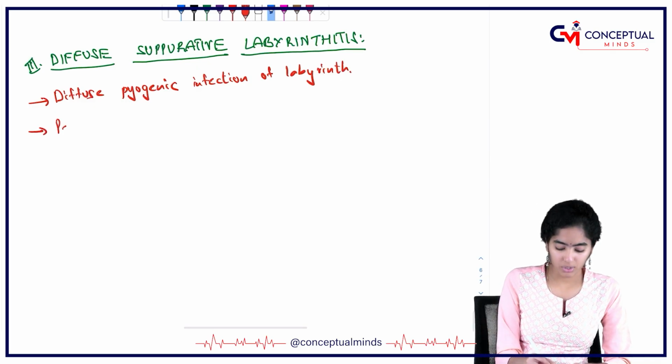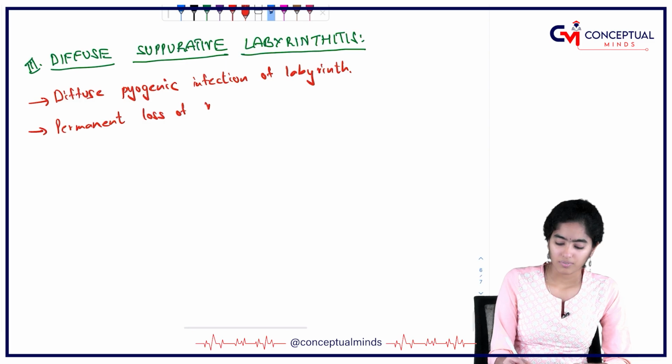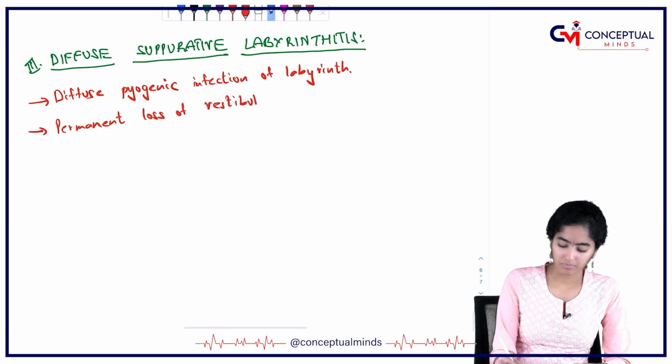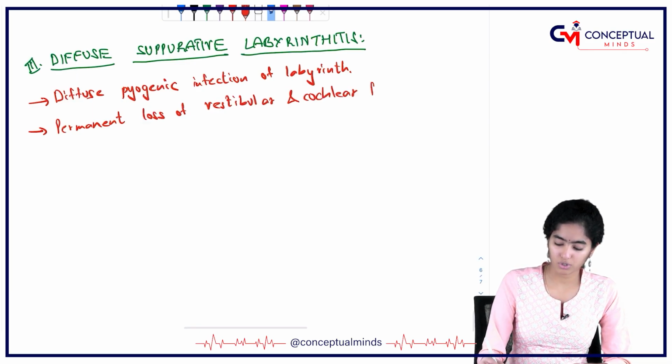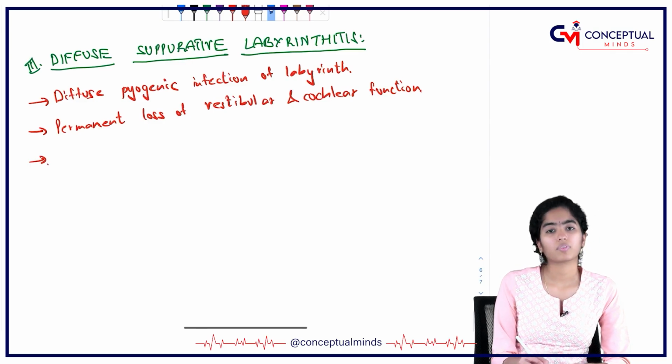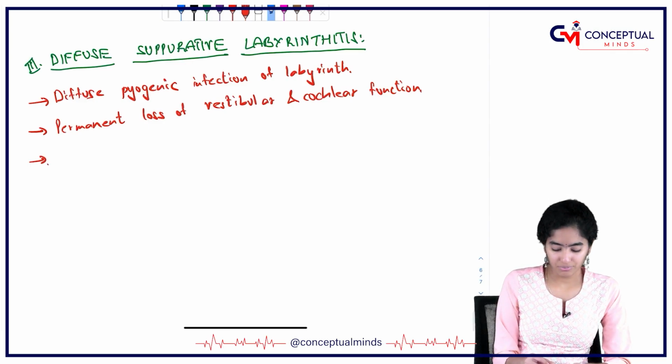There is permanent loss of vestibular and cochlear function. Both the perilymph and endolymph are affected.